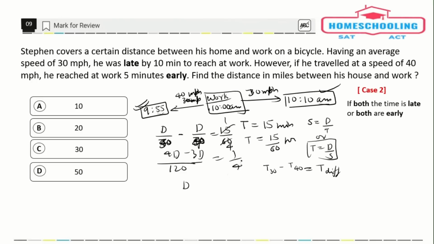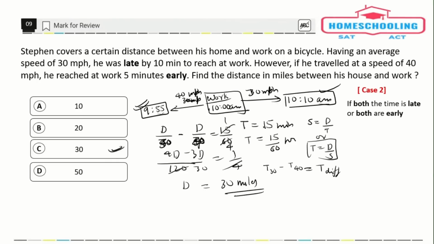So d will be 30. Yes, 30 miles. So your answer would be 30 miles.